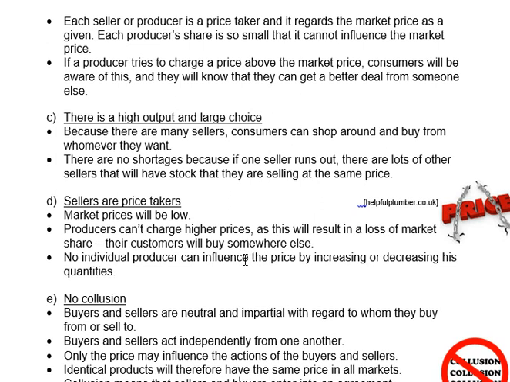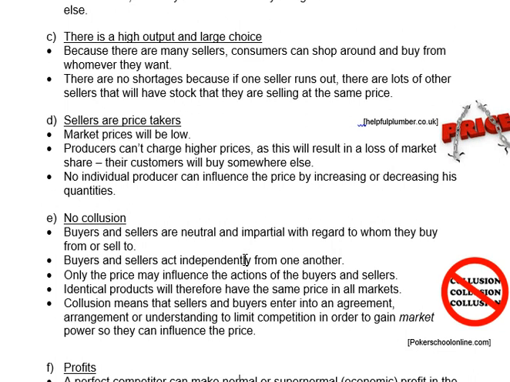All right. The third characteristic is that there's a high output and a large amount of choice. Obviously, because there are many sellers, consumers can shop around. They don't have to buy from one particular producer. They decide who they want to buy from.